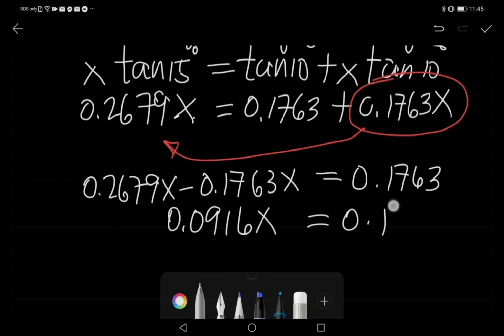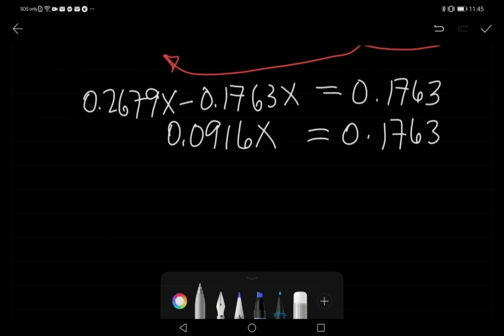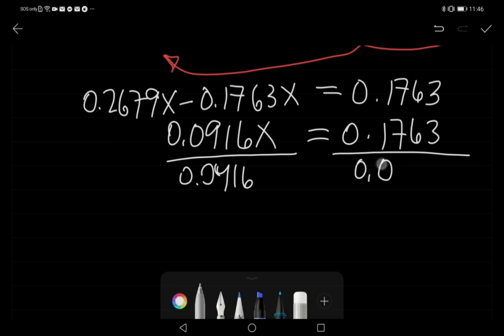That is equal to 0.1763. So dividing both sides by 0.0916, this will cancel out. X is equal to 1.92.